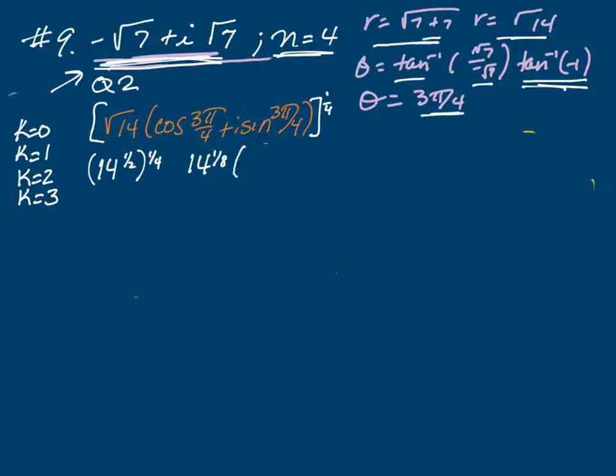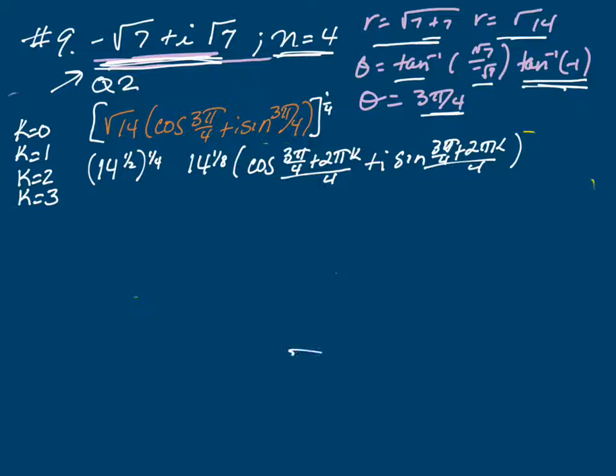And then you'll have cosine of 3 pi over 4 plus 2 pi k all over 4 plus I, same thing, sine 3 pi over 4 plus 2 pi k all over 4. Now let's simplify this. We get 14 to the 1/8. And then for the cosine, you'd have to multiply this by 4 over 4. So that would be 8.